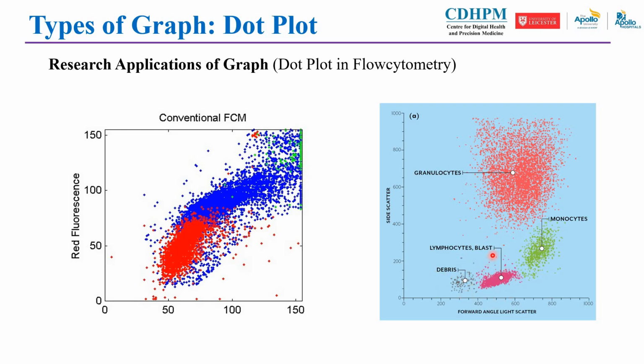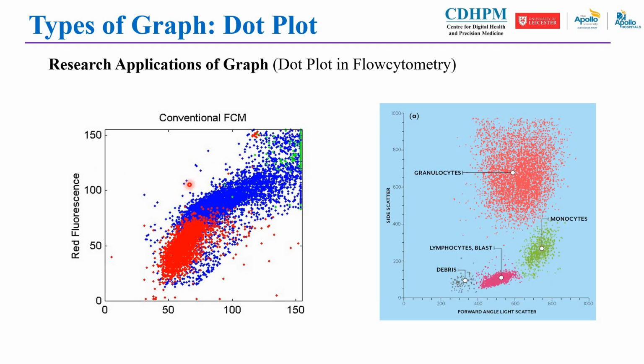And look at this, each dot in this graph is one data point, that is an X and a Y axis. So let's say this particular point has 700 forward light scatter and 210 side scatter, or let's say 100 side scatter. That is considered as one dot point, where it usually has an X axis and a Y axis value, but it is represented by a single dot in the sheet.